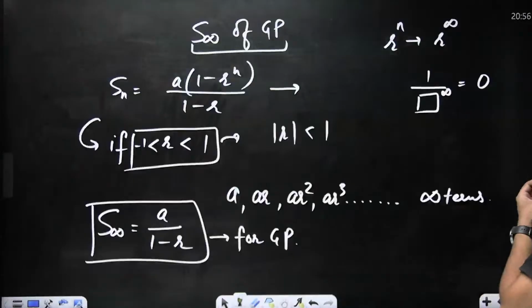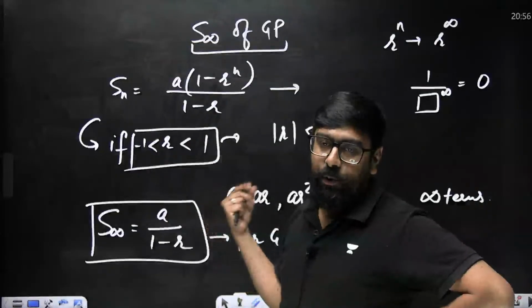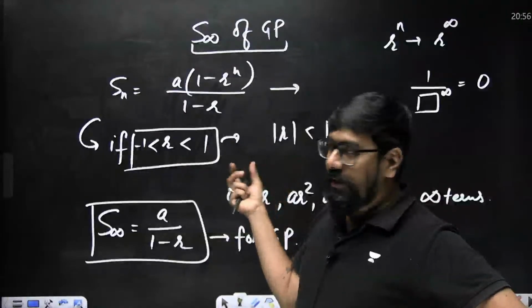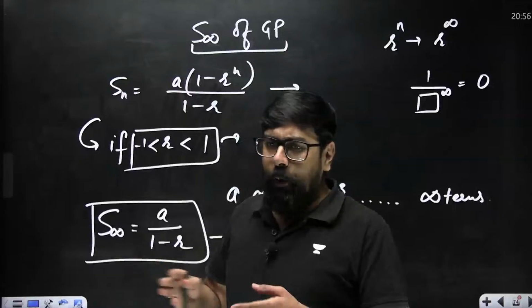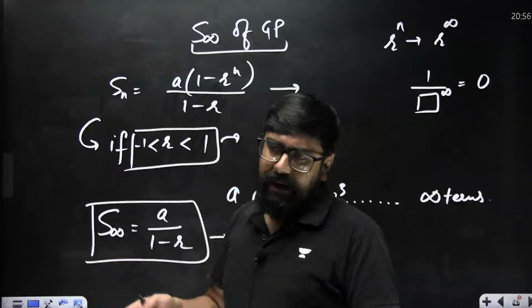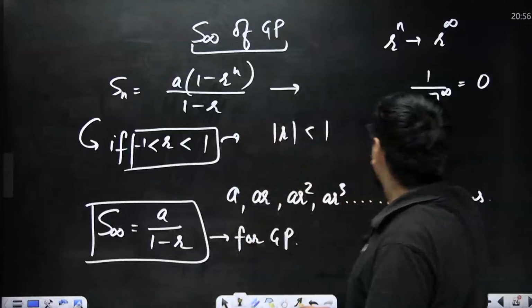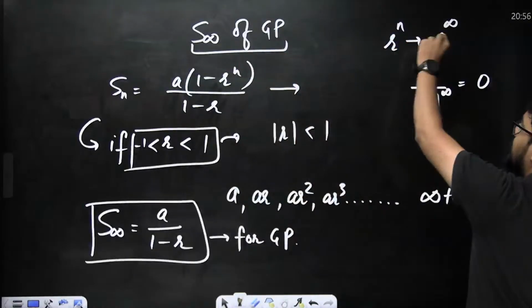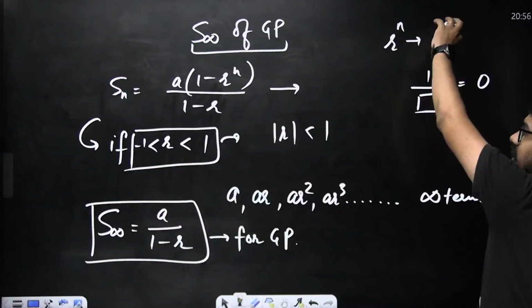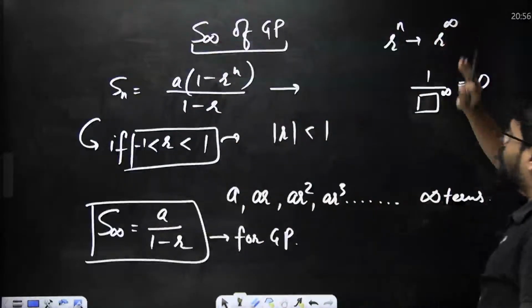I am saying that if your common ratio is between -1 and 1, not -1, not 1, just between them, it will be 1 divided by something. Now what is the term over here? This r to the power n means r to the power infinity, since the sum of infinite terms means n is infinity.